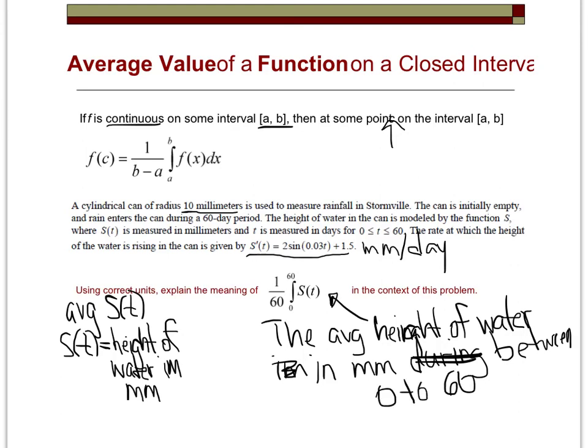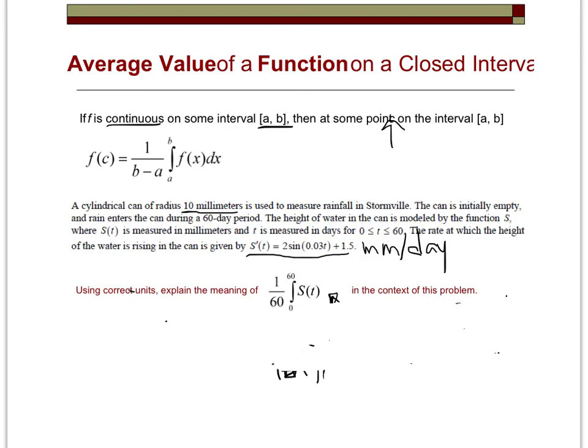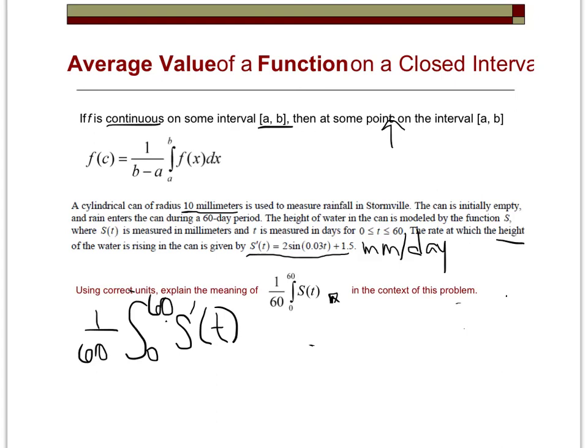Now what if I were to change this problem? So instead of it being the integral of s of t, what if it was the integral from 0 to 60 of s prime of t? Okay, how would you interpret that in context of the problem? Well, we know s prime of t is the rate the height of water is rising, in millimeters per day. So the answer would be the average rate of change.